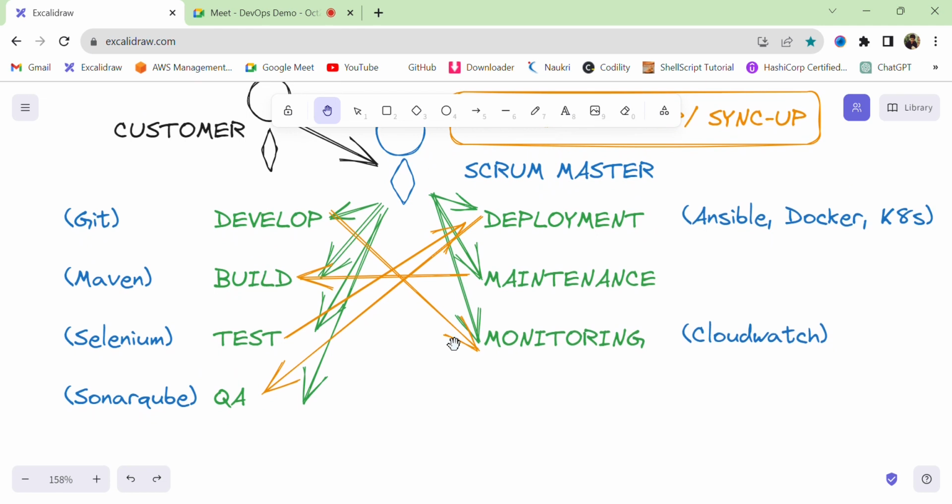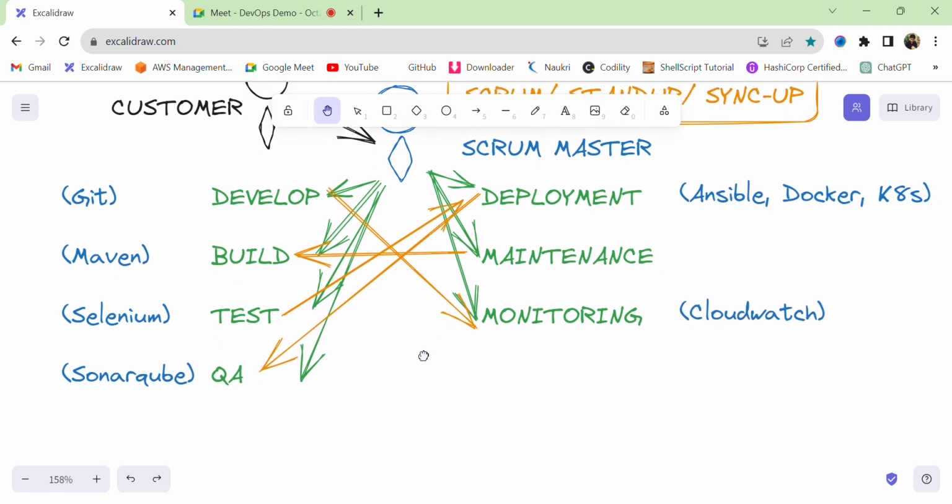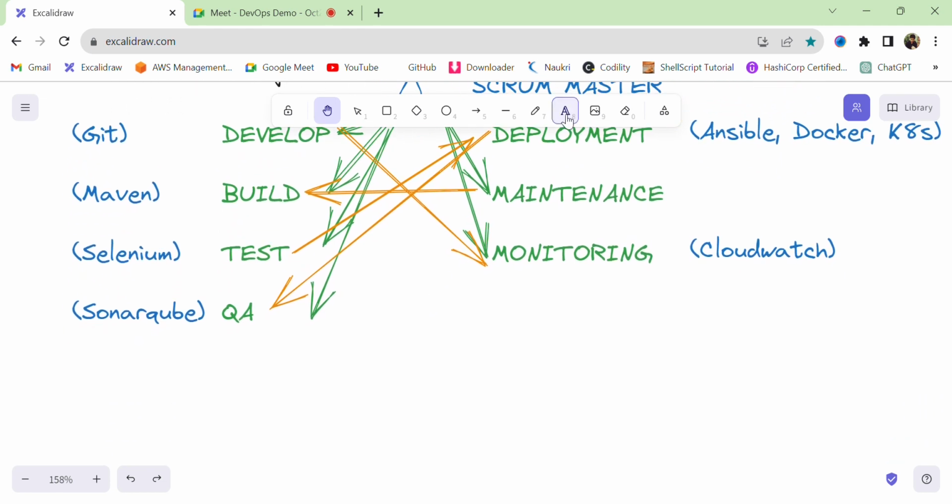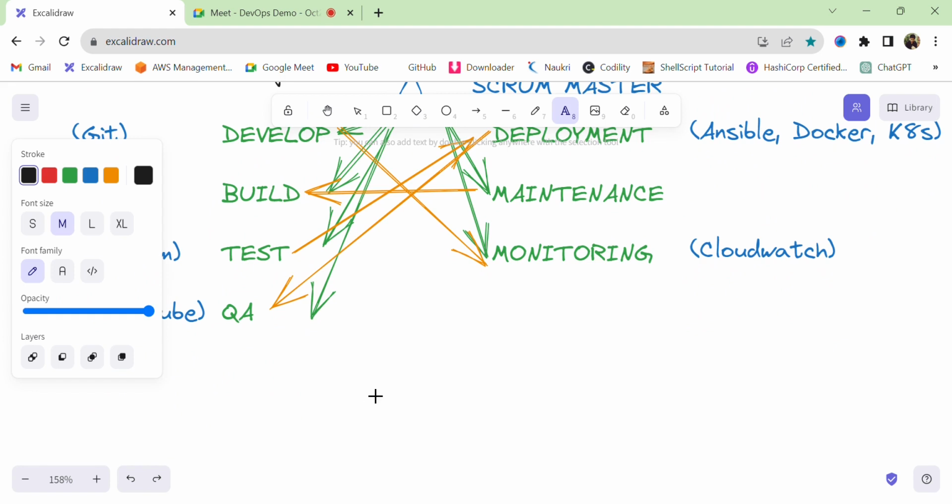Now the product was getting delivered in some time period. In agile, there is a time period that has been given for delivering the product. That time period wherein the product is delivered is called a sprint.